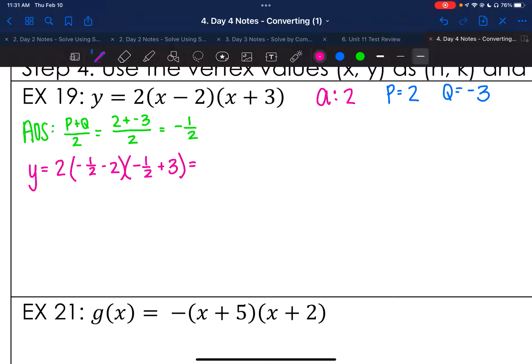You'll type this directly into your calculator as you see it. So negative 1/2 minus 2 parentheses negative 1/2 plus 3. And that's going to give me the value of negative 25 over 2.